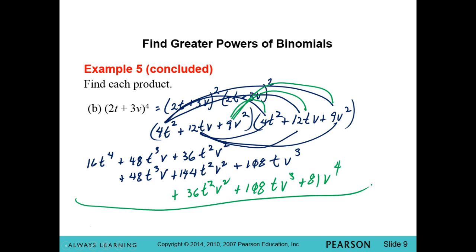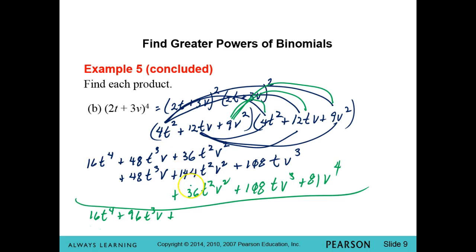This is why I like to do it vertically, okay? You get them all lined up there, and what does that give you? 16T to the fourth, 96T cubed V, plus, oh boy, calculator time here. That 72 plus 144 is... say again?